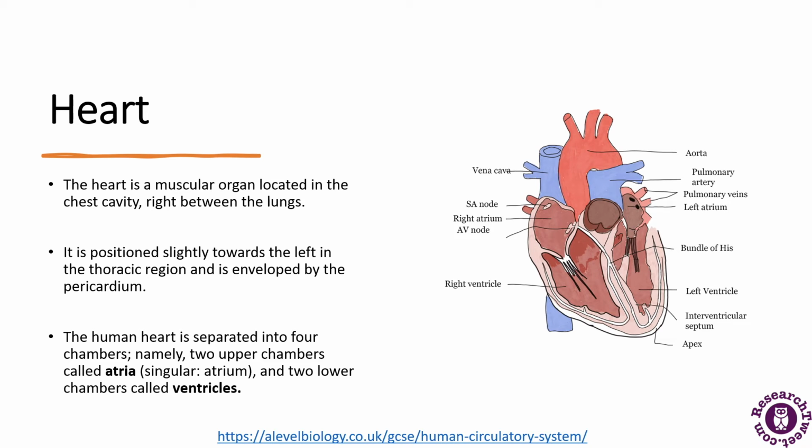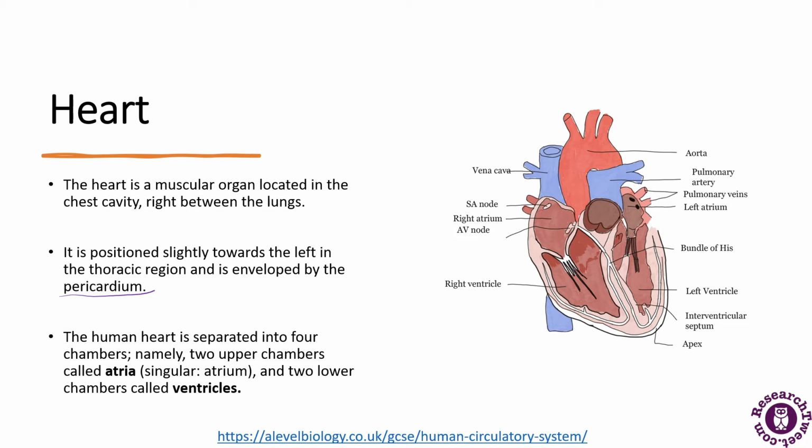From here all the blood is transported to the body through various veins, arteries and capillaries. The heart is a muscular organ located in the chest cavity right between the lungs. It is positioned slightly towards the left in the thoracic region and is enclosed by the pericardium.